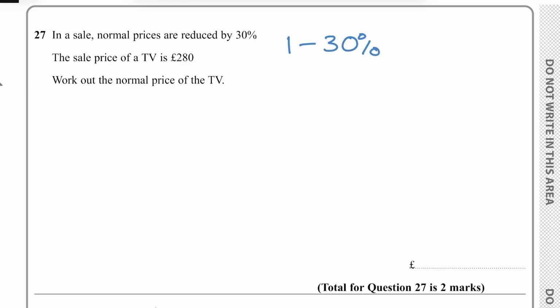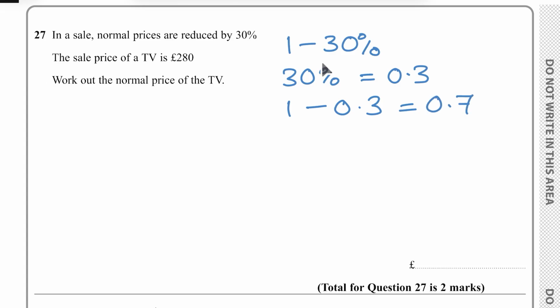You'll have the 30% as a decimal. Remember, with percentages, it means percent divided by 100. So 30% as a decimal first. So if we do 30% equals 0.3, and then you would do 1 minus 0.3, which equals 0.7. And that's what you'll be multiplying by.